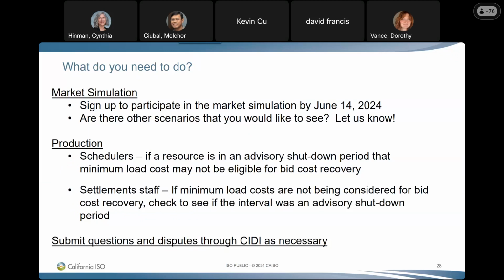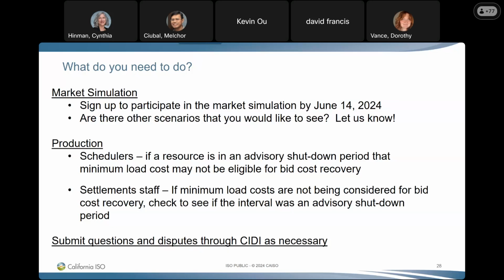Are there other scenarios you would like to see? Send us a city ticket and we can put together whatever you'd like, if that will help validate this change. When we go into production, those who do scheduling, if a resource is in an advisory shutdown period, know that minimum load costs may not be eligible for bid cost recovery if you are persistently deviating in the positive UIE direction.